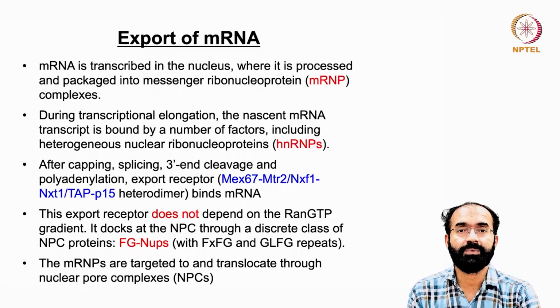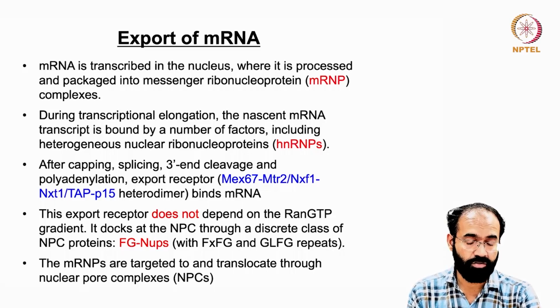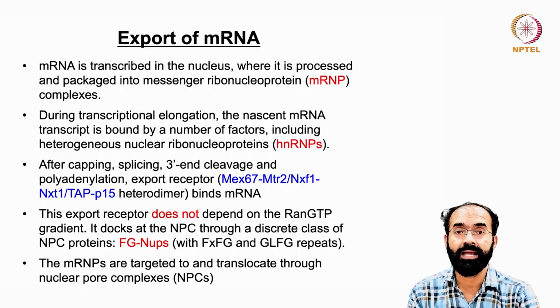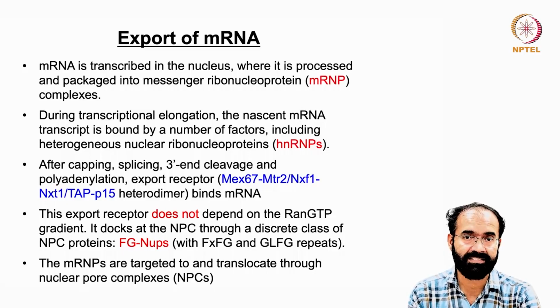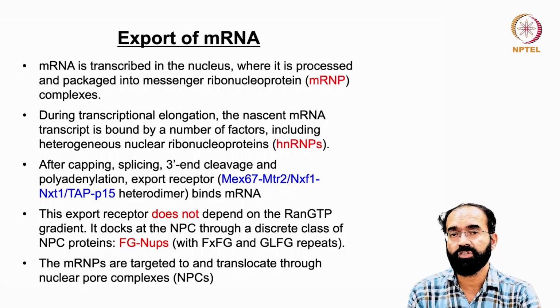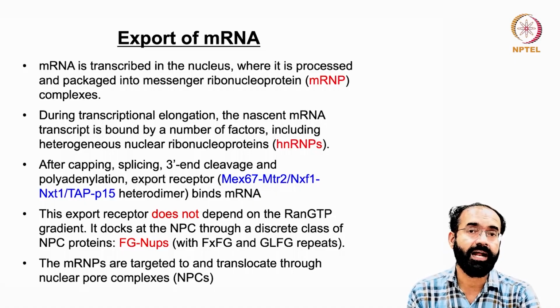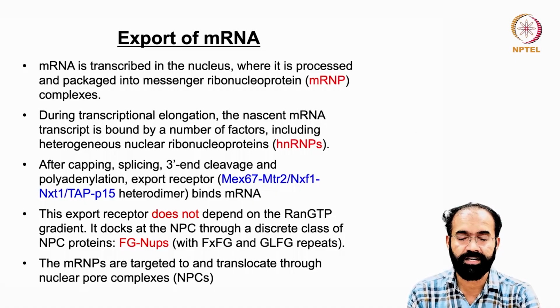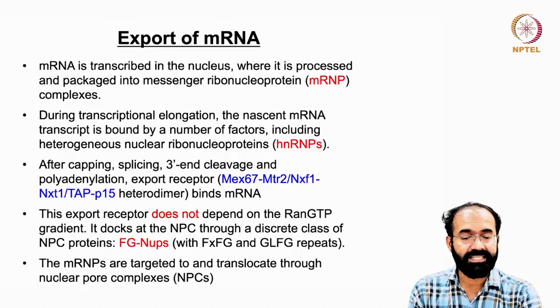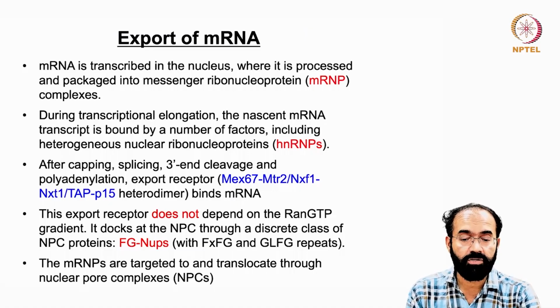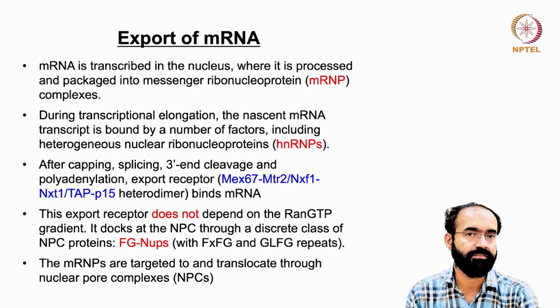So the export receptor is not a single form like exportin T or exportin 1, because mRNA requires a group of proteins which act as the exportin because of the unique secondary structure and the higher molecular weight of the mRNA.